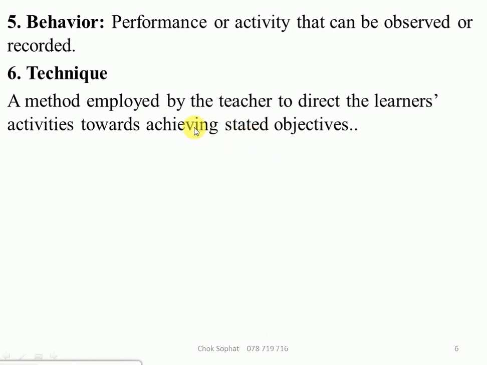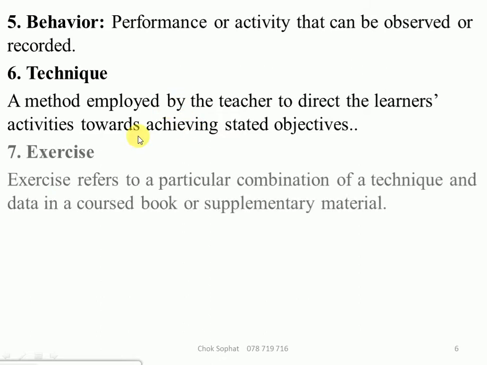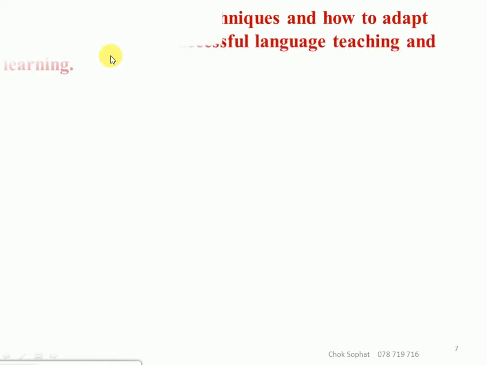So technique is the method that the teacher asks the student to practice to achieve the objective. Exercise. Exercise refers to a particular combination of a technique and data in a course book or supplementary material.